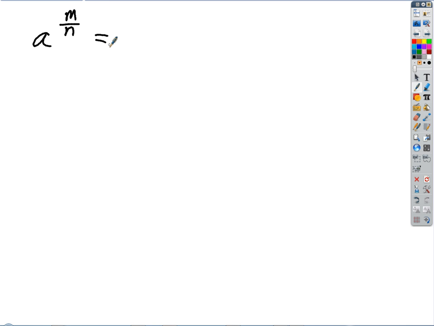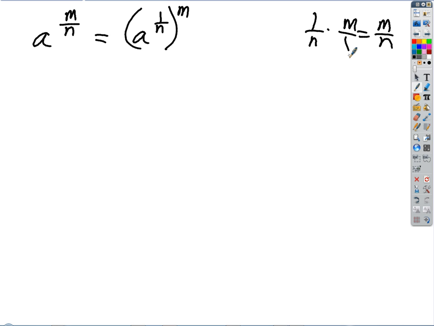I could rewrite that using my properties of exponents. a to the m over n is the same thing as a to the 1 over n to the m. Because what happens if we take a power to a power? We multiply the exponents, right? And 1 over n times m is just equal to m over n, because really there's just a 1 on the bottom.